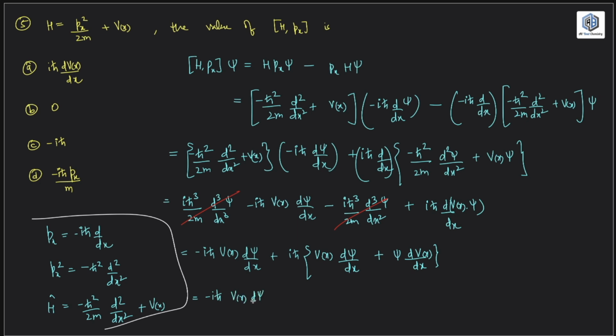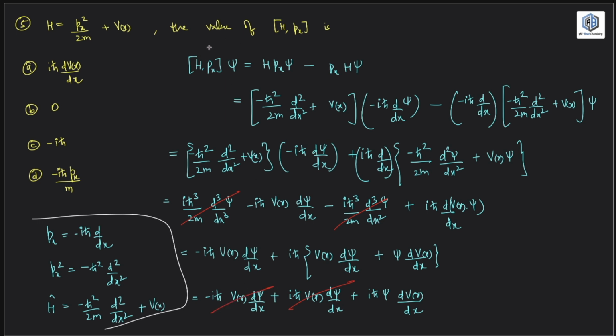So d psi by dx, and plus when you open this, it will be i h cross Vx d psi by dx and plus i h cross psi dVx by dx. Now you can again cancel out this and this term.